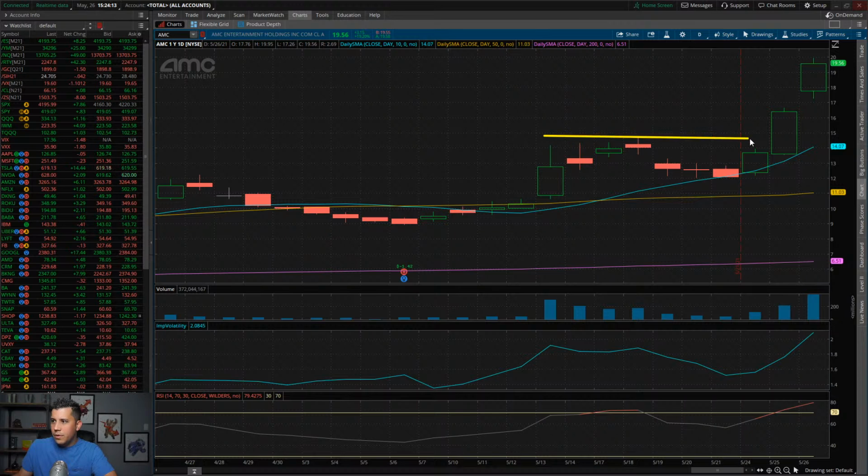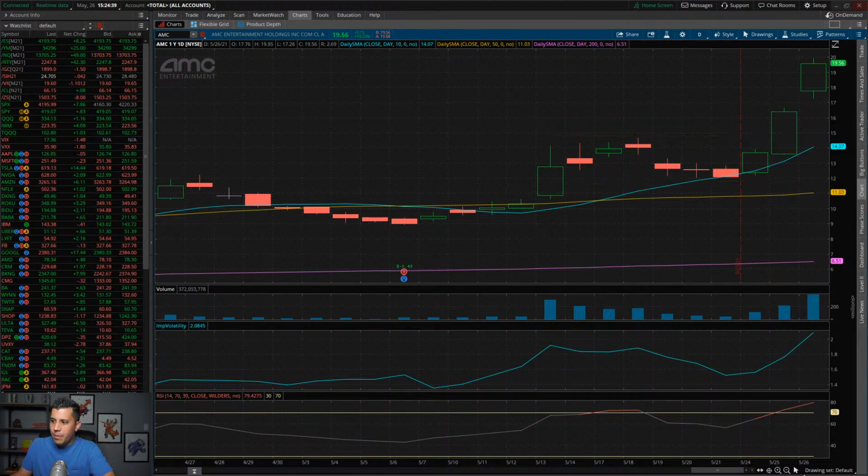Okay, so you had a bull flag set up right in here, and so you could have traded the bull flag. There were a couple of confirmations that would have been good. When you have multiple confirmations of breakouts, you take a chance, right? You take a chance.